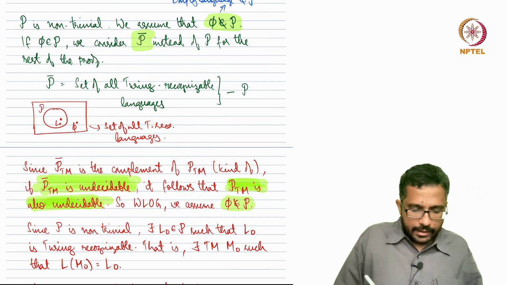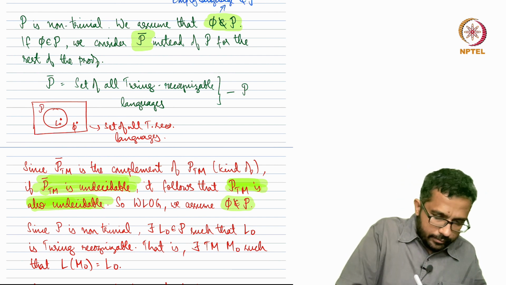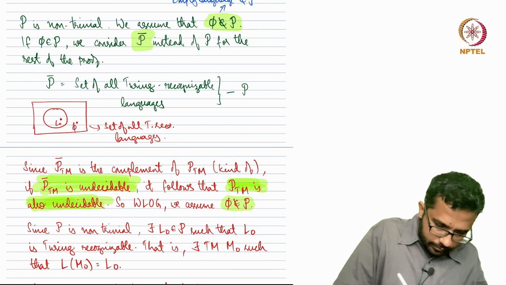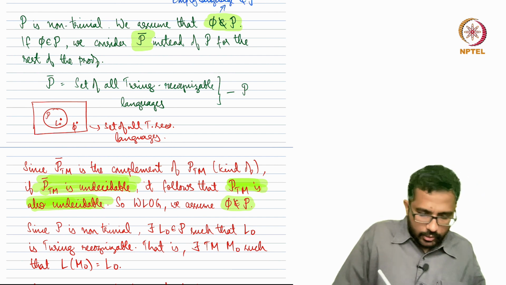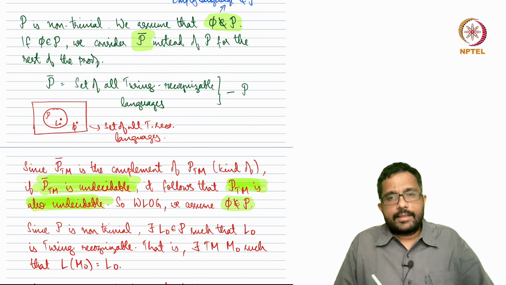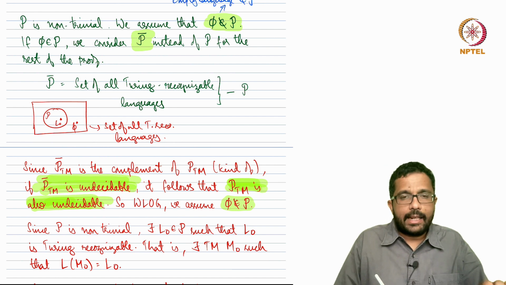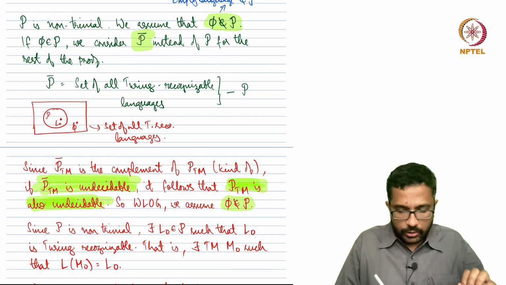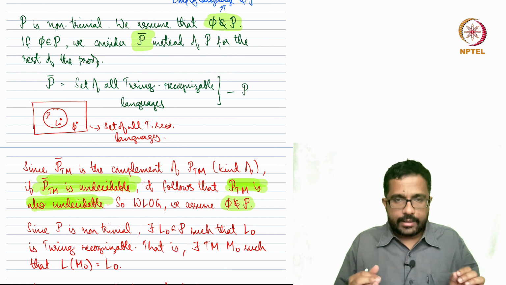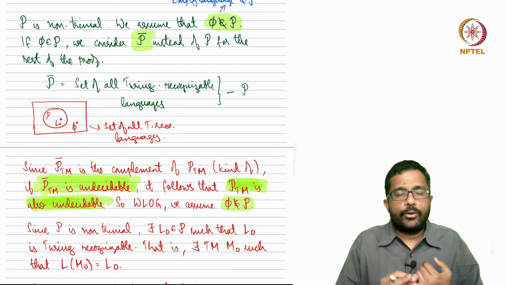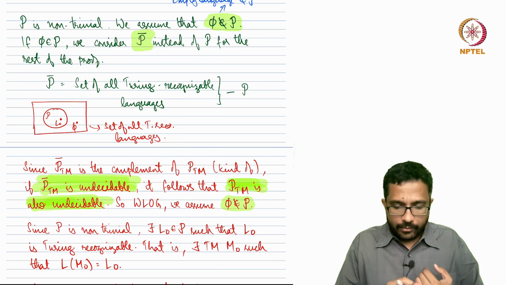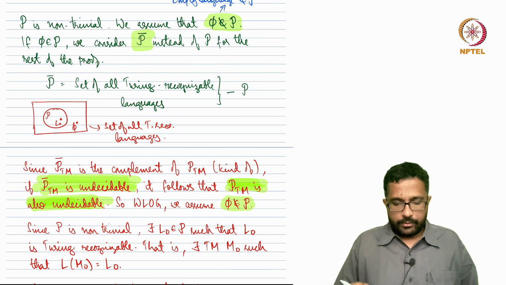L0 is a language that is in P, and the empty language is a language that is not in P. These two languages are going to be important in our proof.